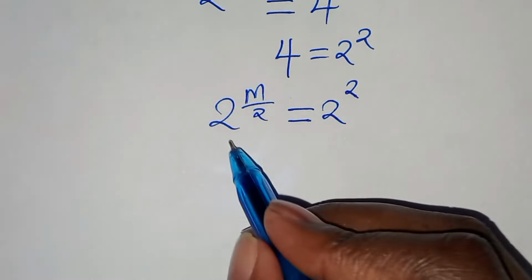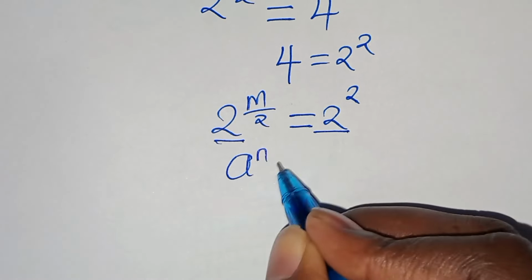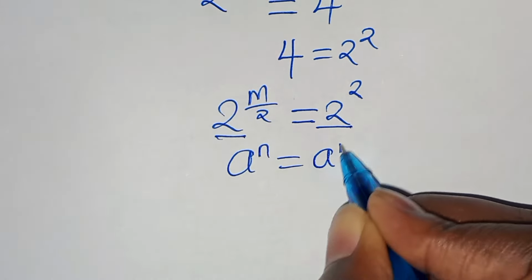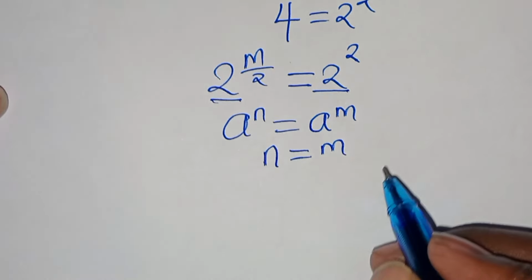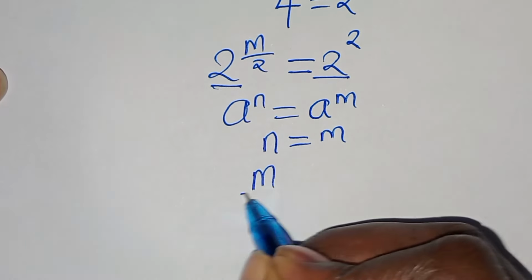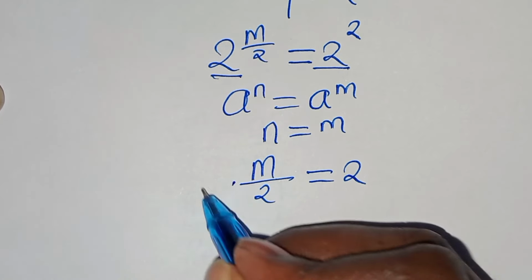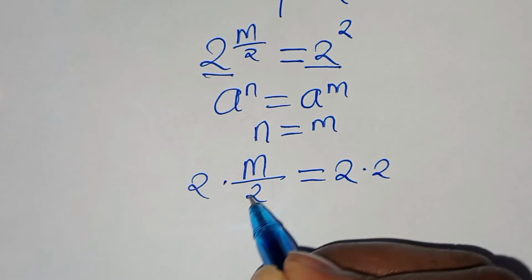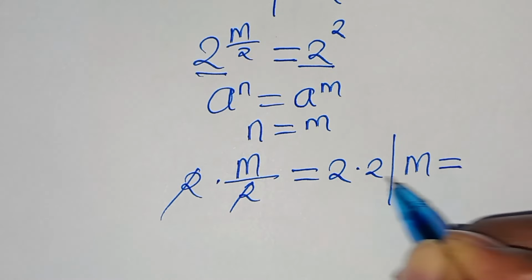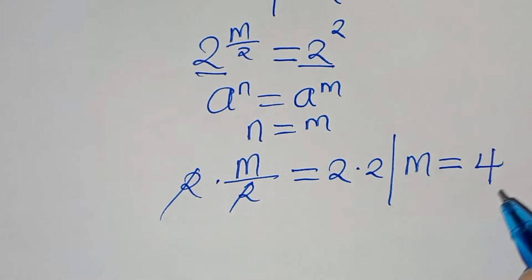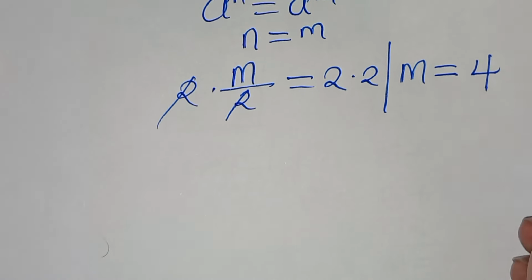Now, since the bases are the same here, that is, a to the power of n equals a to the power of m, then exponent n is equal to m. So this implies that m over 2 is equal to 2. If you multiply by 2, this implies that m is equal to 2 times 2, which is equal to 4. So the value of m is equal to 4.